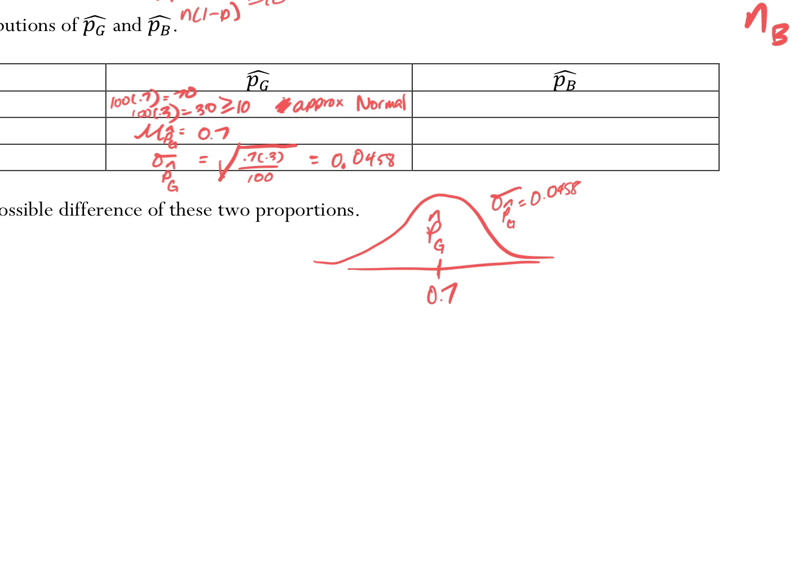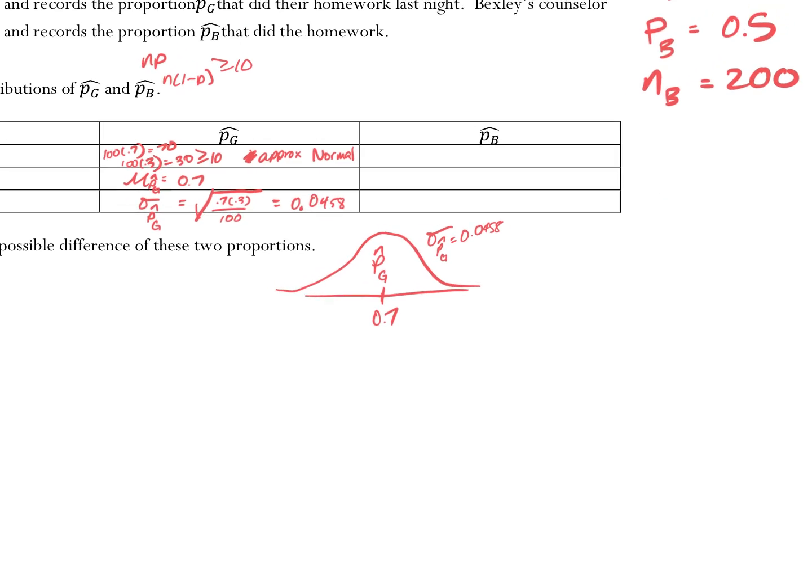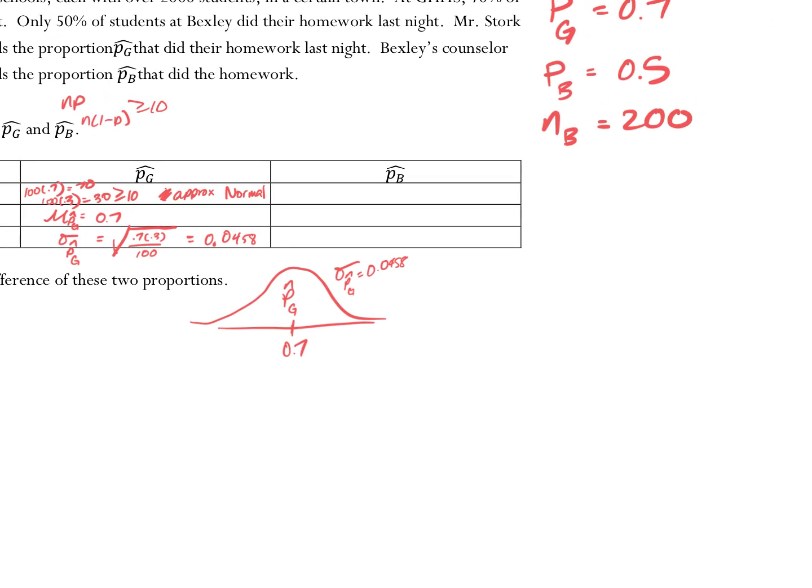And then can we think through what Bexley's would look like? We'd have 200 times 0.5, and then another 200 times a different 0.5, technically. So are you guys with me that it's approximately normal again?